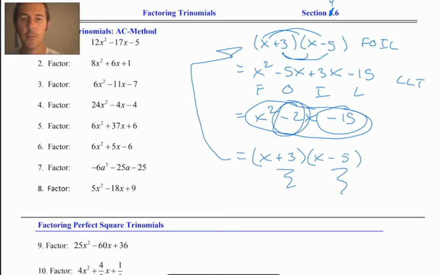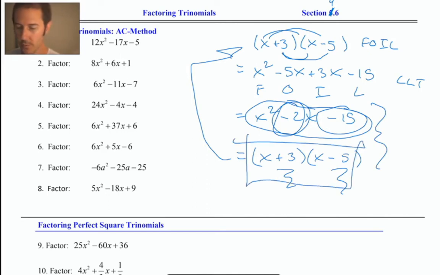That kind of process works quite well, at least this part of the process, when you're doing the factoring and this is the final answer. It's quite nice when it leads with a positive 1 on the x squared, and when this number at the end, negative 15, doesn't have too many different ways you can factor it: 1 and 15, 3 and 5, not too many options there.